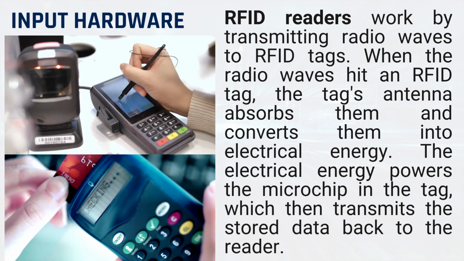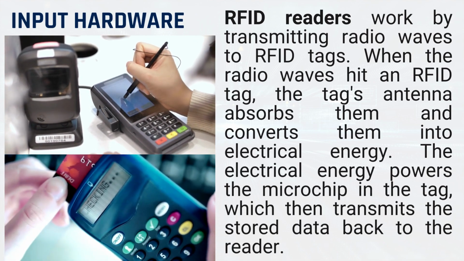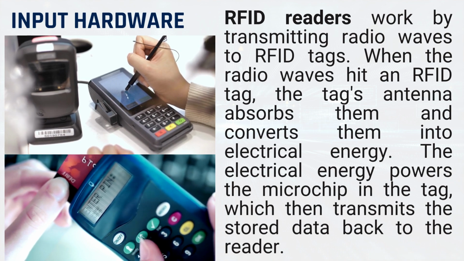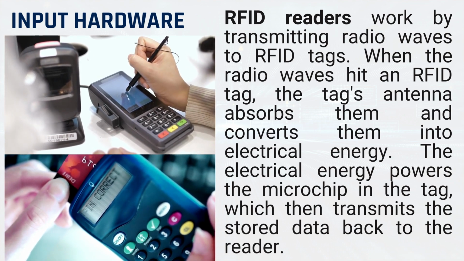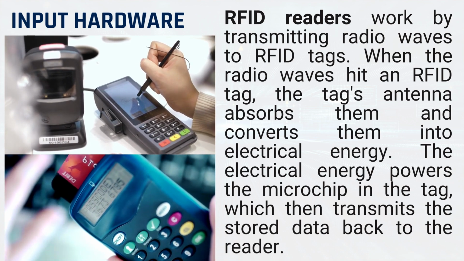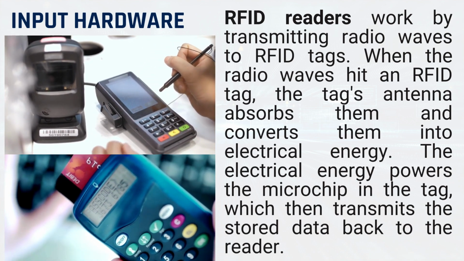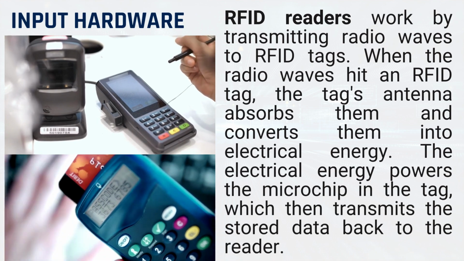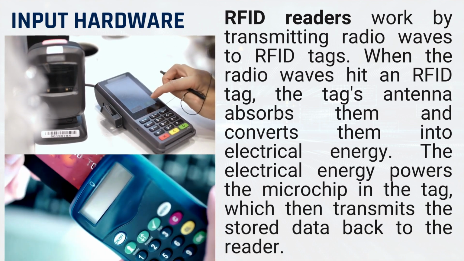RFID readers work by transmitting radio waves to RFID tags. When the radio waves hit an RFID tag, the tag's antenna absorbs them and converts them into electrical energy. The electrical energy powers the microchip in the tag, which then transmits the stored data back to the reader.